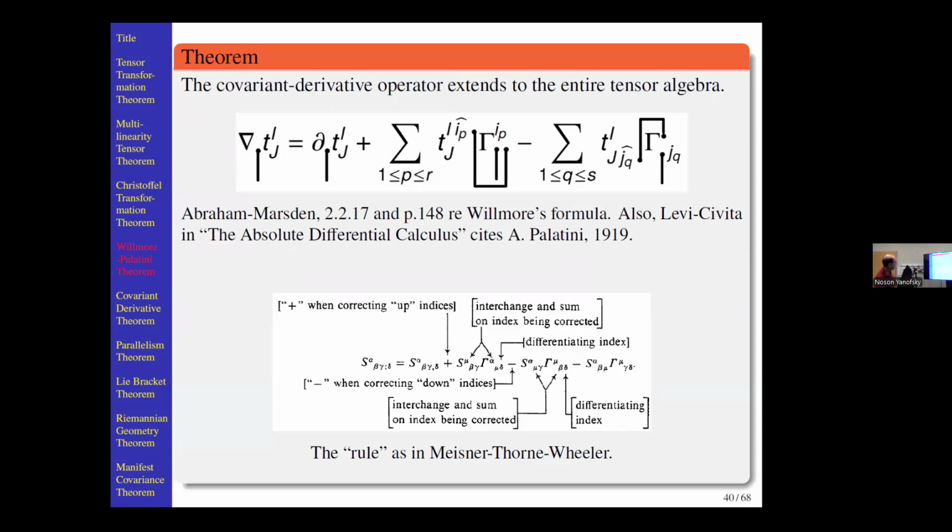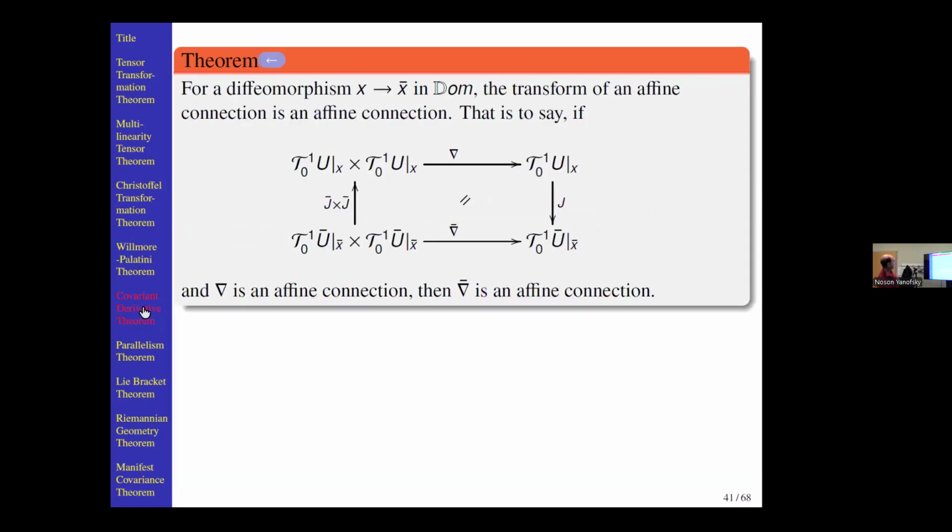By the way, this is how it is presented and explained in the phone book, the gravitation book by Misner, Thorne, and Wheeler, and this is my way of writing it with a little bit of my string diagram notation for contractions. The covariant derivative theorem is that an affine connection commutes with changes of coordinates. That's really what covariance is about and what the talk is about.